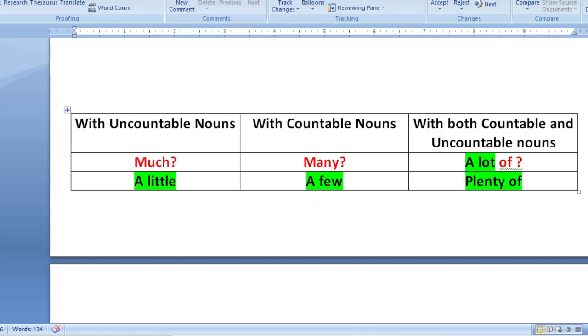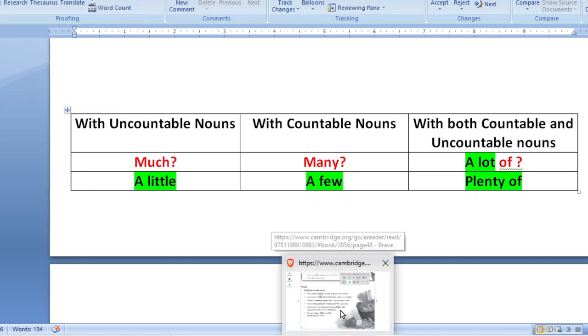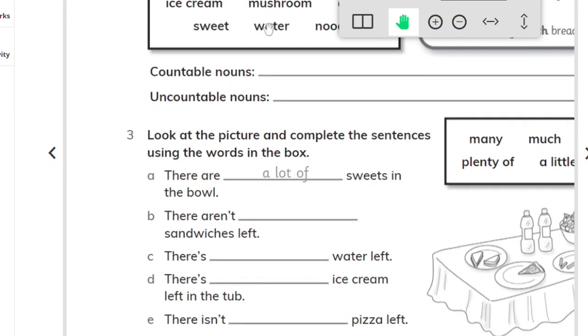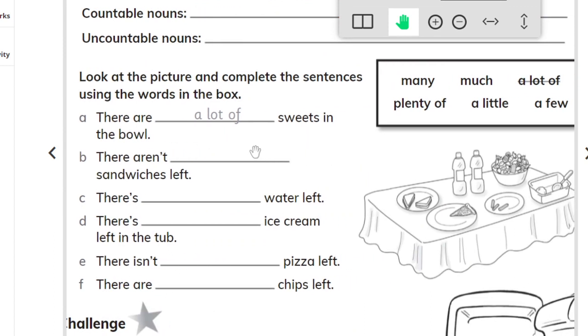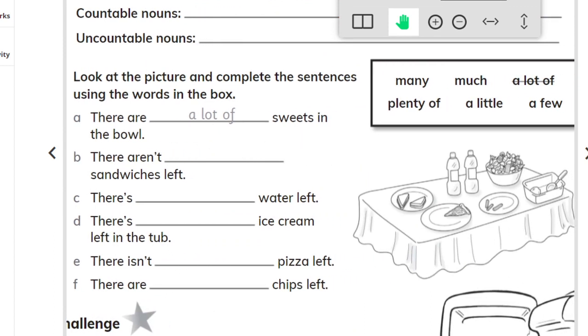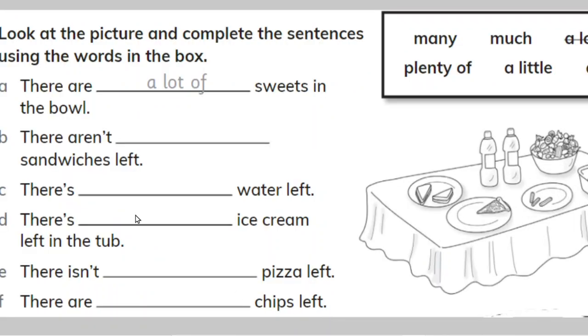Now, for instance, we're going to do this. So they have given a box full of quantifiers: many, much, a lot of, plenty of, a little, a few. And we have to fill it in these blanks.